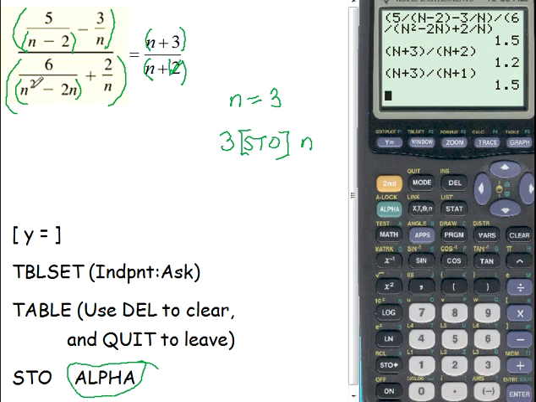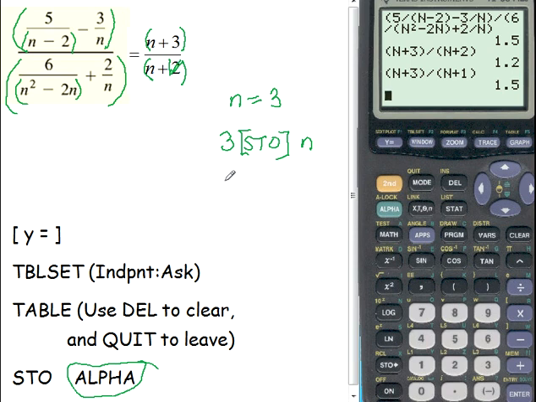I would not use a value that obviously made a denominator equal to 0. The value 2 would do that. And then you would put the parentheses around where they're needed in the expression, enter the original expression and hit enter, enter the answer, hit enter, and the numbers should be the same.